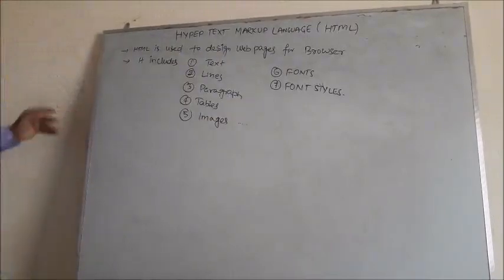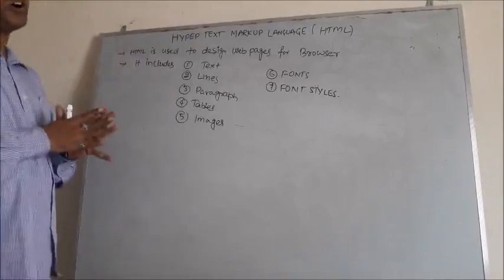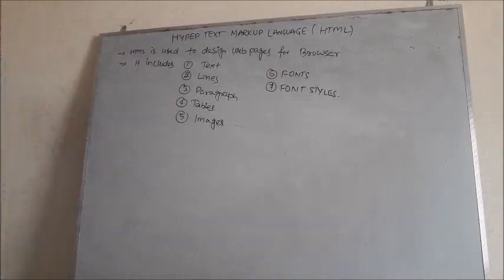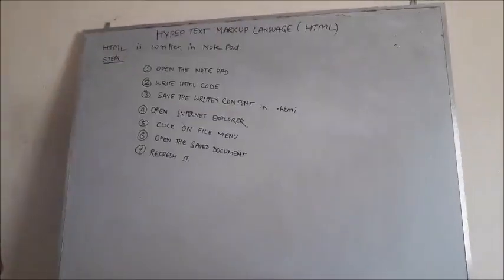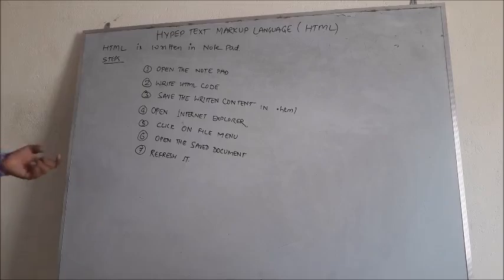But before that, I want to introduce how HTML works with an internet browser. Here I want to tell you how HTML is written in Notepad, and it is retrieved in Internet Explorer.